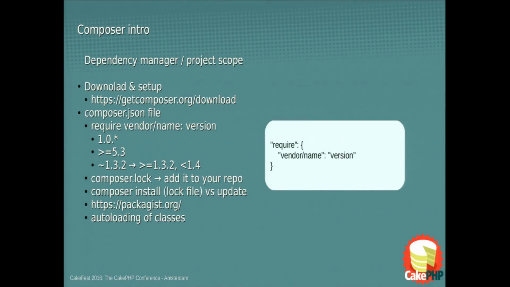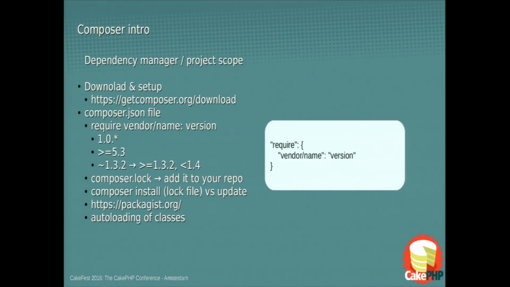Then you have composer install, which will follow the lock file, and you have composer update, which will ignore the lock file and go back to composer.json and retrieve the latest available versions defined in composer.json. So it is a common scenario that you download a project, you use composer update, and you see a lot of dependencies going up and some of the features broken.